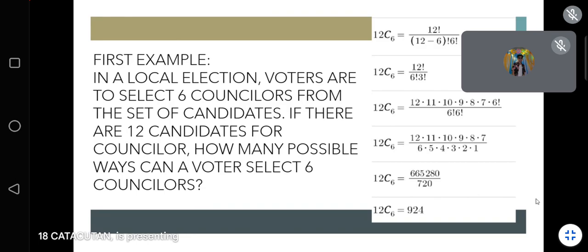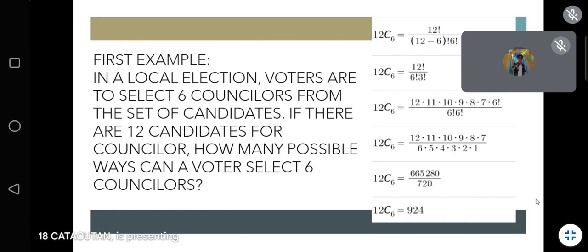For instance, choosing candidates A and B is the same as choosing candidates B and A, hence use the combination rule. 12C6 equals 12 factorial over 12 minus 6 factorial times 6 factorial. Since 12 minus 6 is equal to 6, it will be over 6 factorial and 6 factorial.